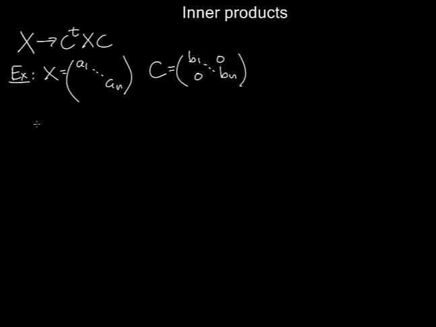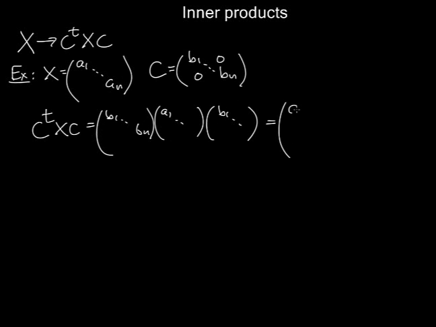So I'm considering this operation X goes to C transpose X C. Suppose X was diagonal and C was also diagonal. All right. Well, what does this do? Not much, but it does do a little bit. If you do C transpose X C, you get the B's and the A's, and then the B's again, not the inverses, but the B's. And so what you get is you're multiplying each term by Bi squared.